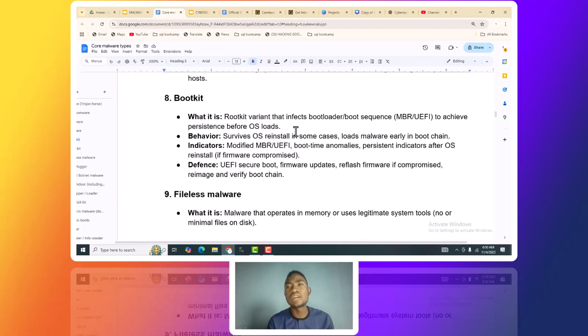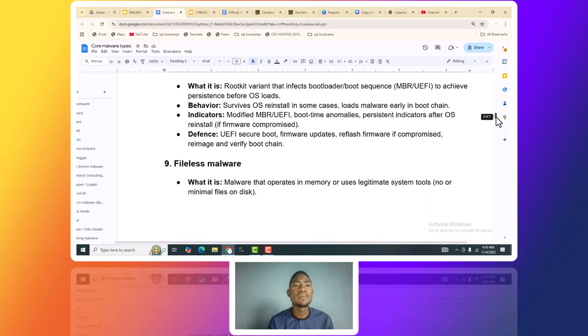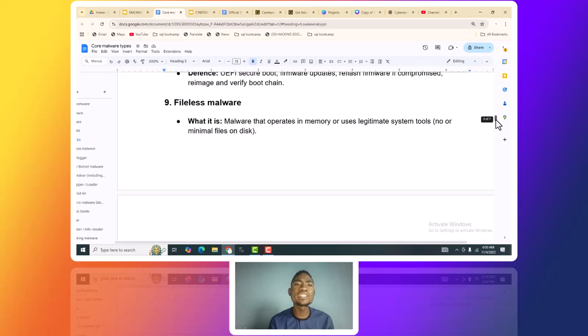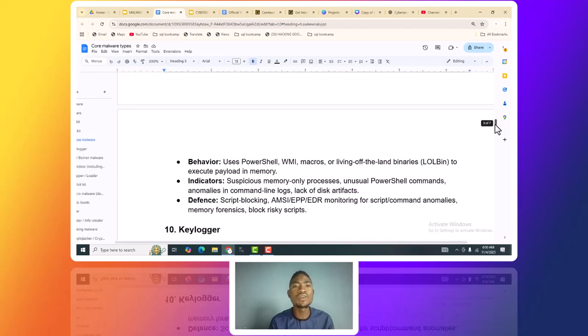And also we have another aspect of malware called fileless malware. What is fileless malware? Fileless malware is malware that operates in memory. This is actually memory malware. It affects our RAM, it affects our memory, and causes great havoc to our system.